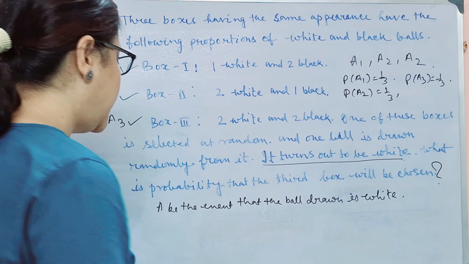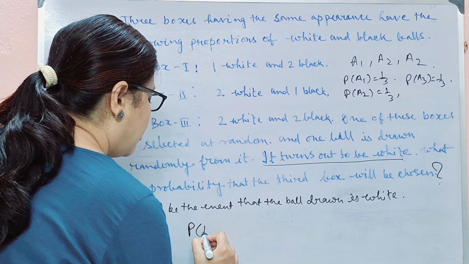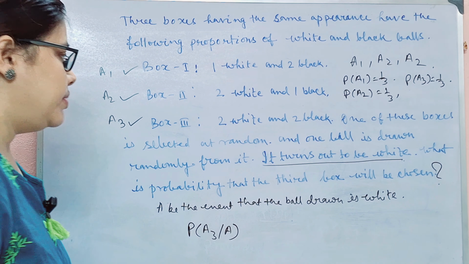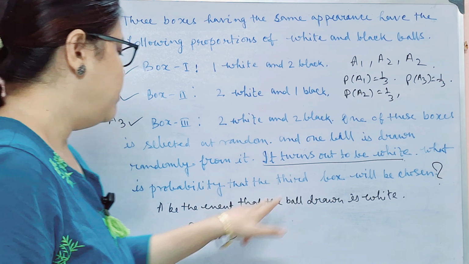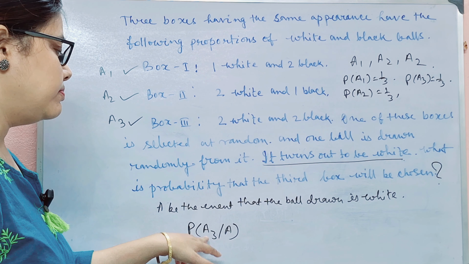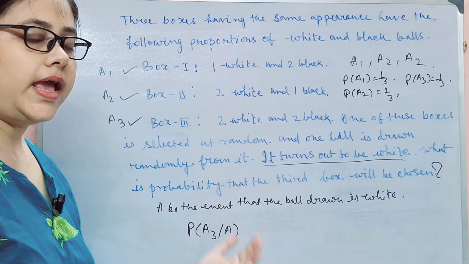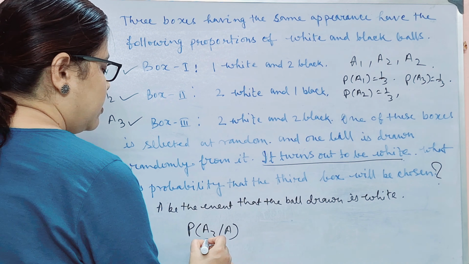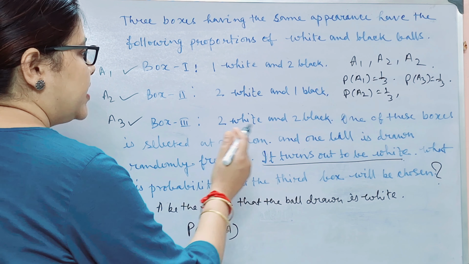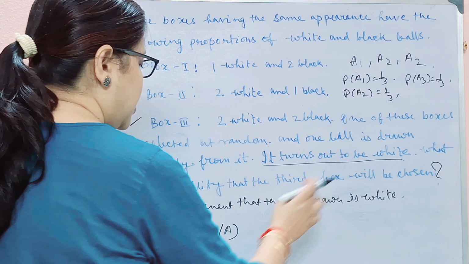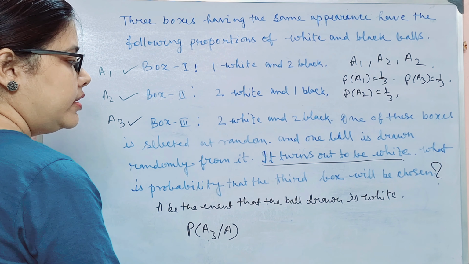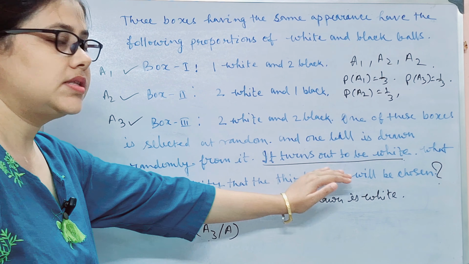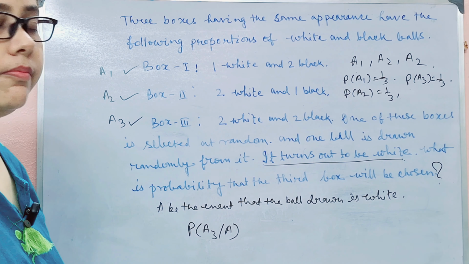We will have to find out probability of A3 given A, because this means probability of A3 when A has already occurred. So probability of A3 means the probability that the third box is chosen when A has already occurred, meaning the ball drawn is already white. This is the question and this is the probability.